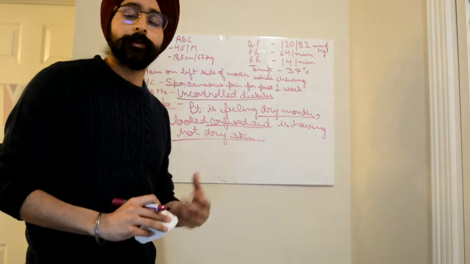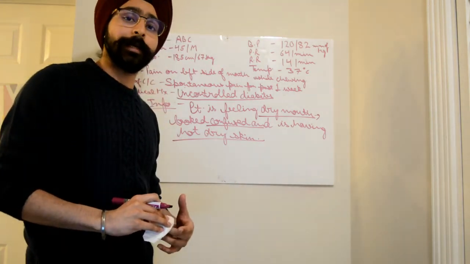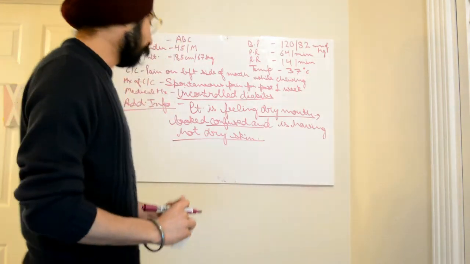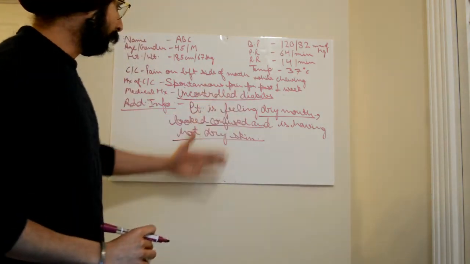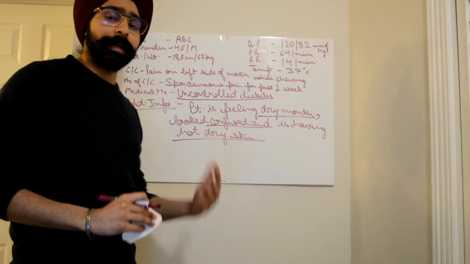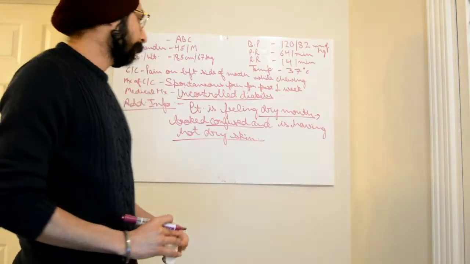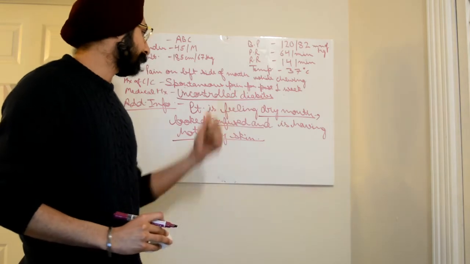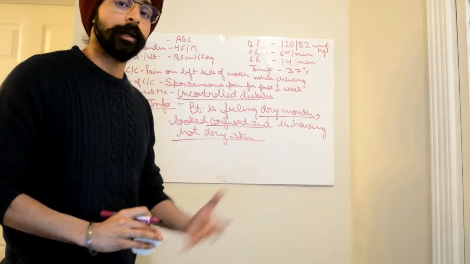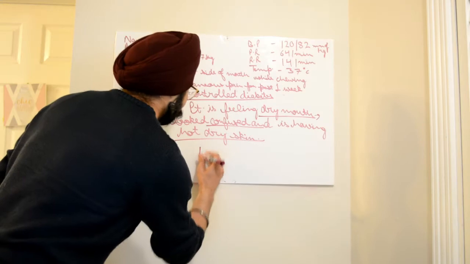The patient might be feeling weakness, or he may smell fruity in his breath. So guys, now we have all the signs and symptoms related to hyperglycemia. Moreover, in the medical history, it is mentioned that the patient is having uncontrolled diabetes. So the diagnosis here is hyperglycemia.